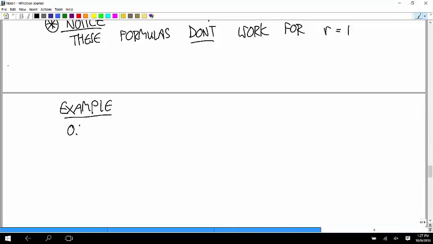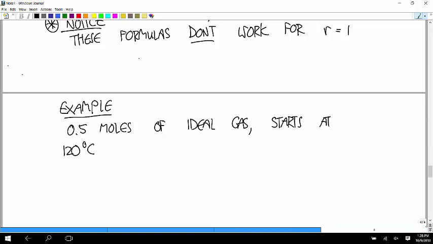So let's say we have 0.5 moles of an ideal gas, and it starts at a temperature of 120 degrees Celsius. And it's compressed in a polytropic process.